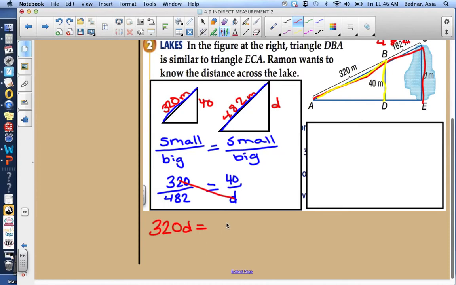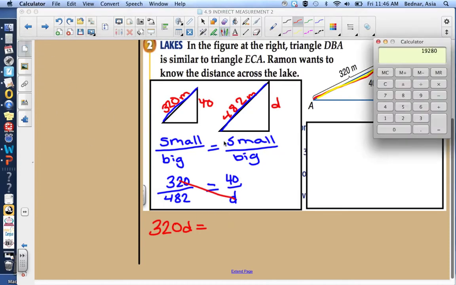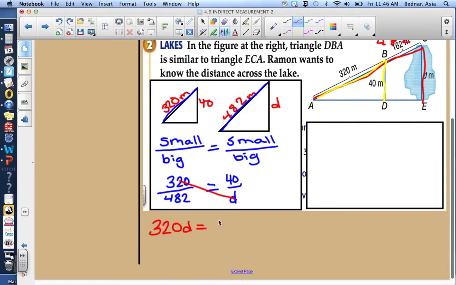I'm going to get 1,000, whoops, I should memorize it first, 19,280. I'll set up my railroad tracks, and I'll divide. Divide both sides by 320. This side will turn into 1, or we say cancel out.